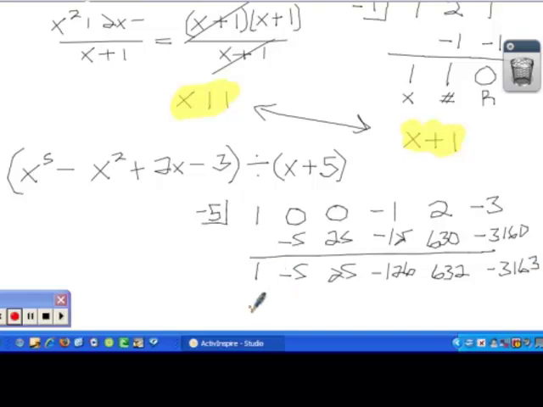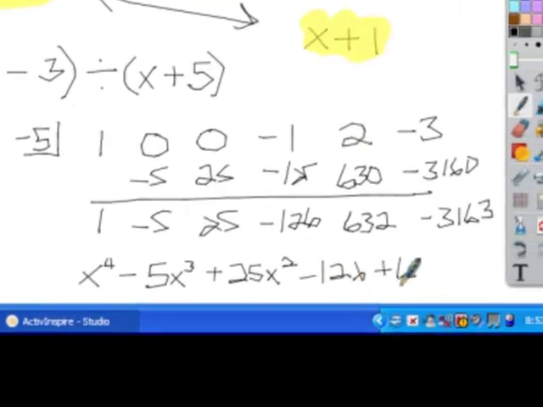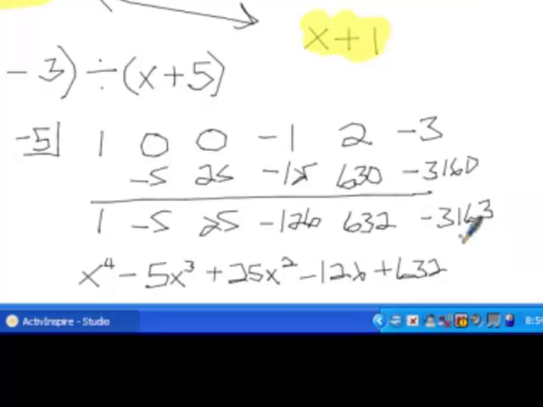So this is now my x to the fourth, so I have x to the fourth, minus 5x to the third, plus 25x squared, minus 126x, plus 632, that's my number, and my remainder, which I will write in the form that I want, is plus negative 3,163 over x plus 5.